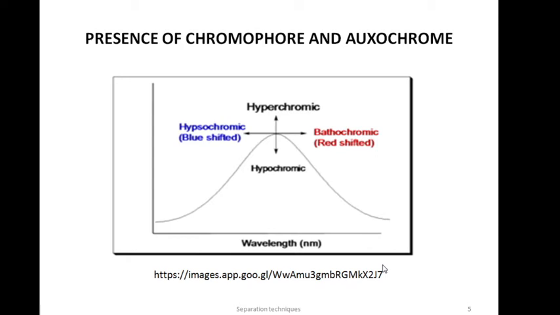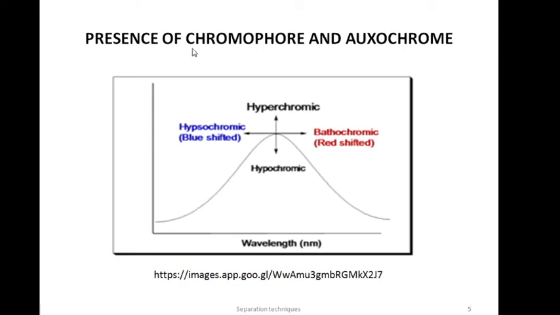So benzene will have a particular lambda max. Say this graph belongs to benzene. It's not, but let us hypothetically consider that. If benzene gives a lambda max somewhere here, and then after reaction you have introduced a nitro group, a chromophoric group, what should happen to the lambda max?